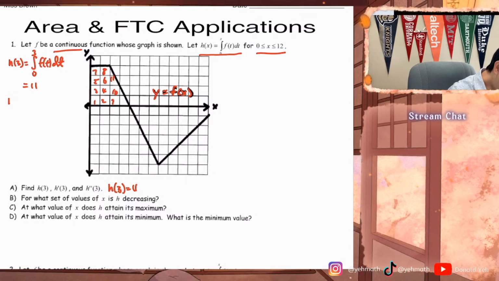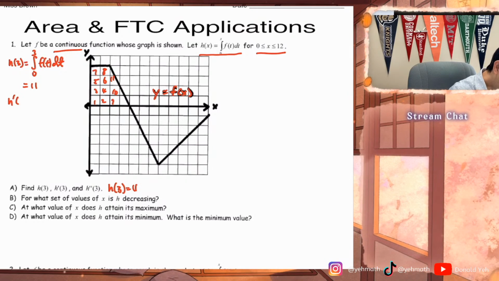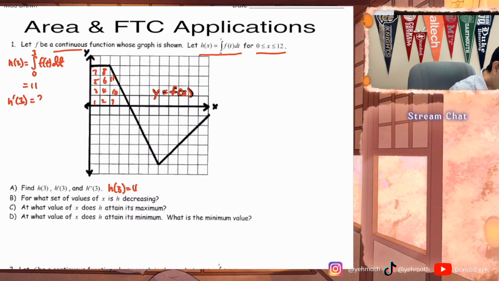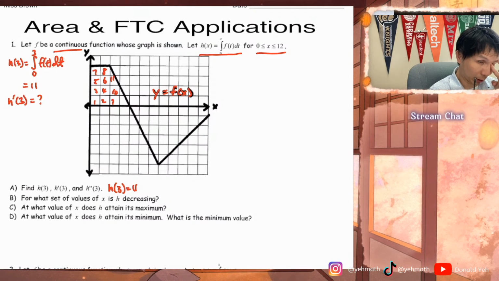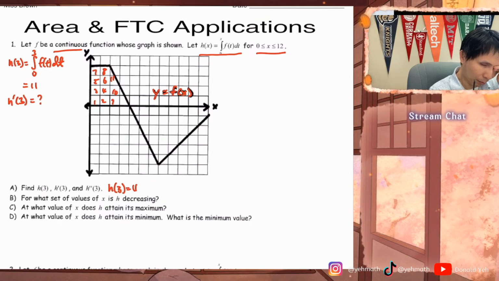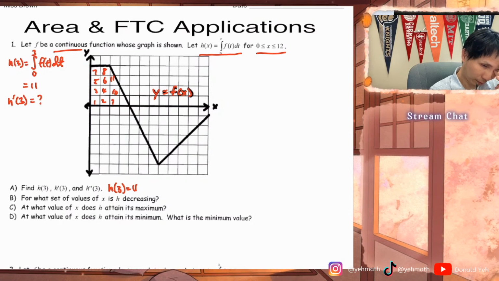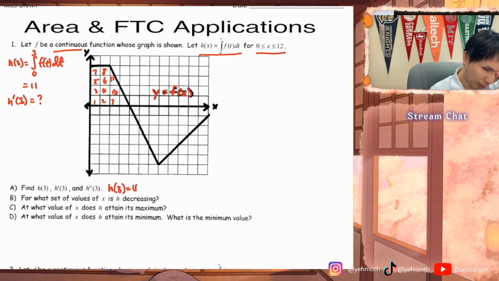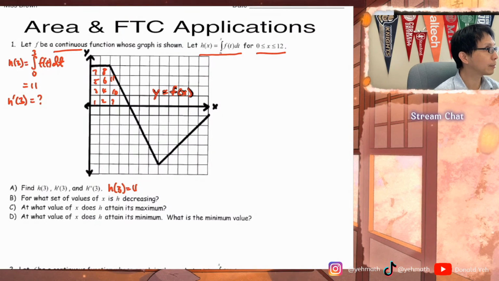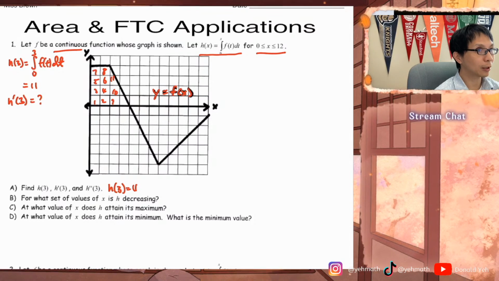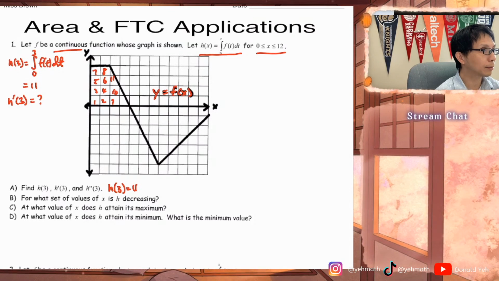Now, what is h prime of 3? What do you guys think? Some people can see it right away. Some people take a moment. Some people need to think of the fundamental theorem of calculus. Some people just think in terms of the fundamental theorem of calculus.